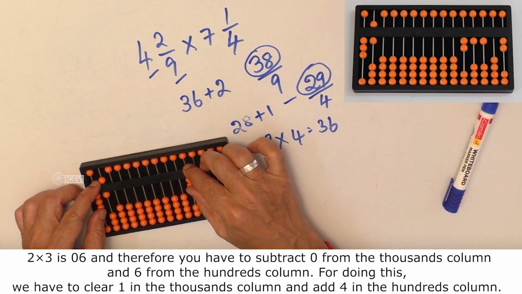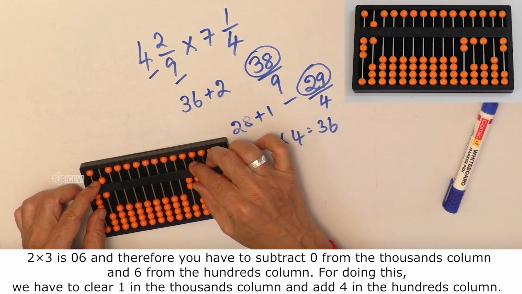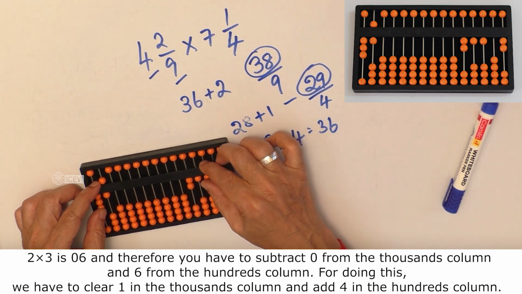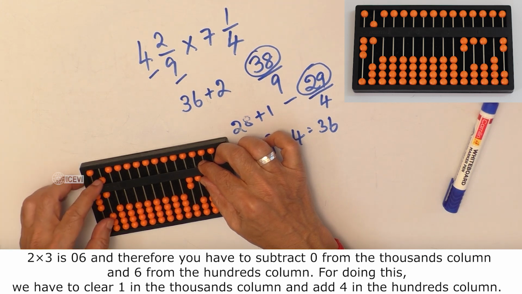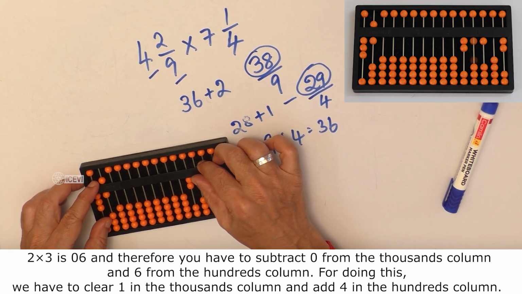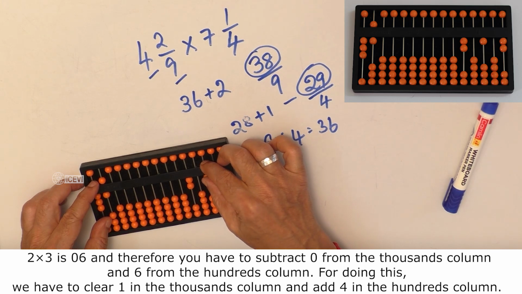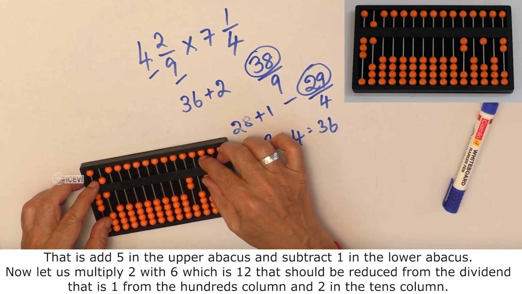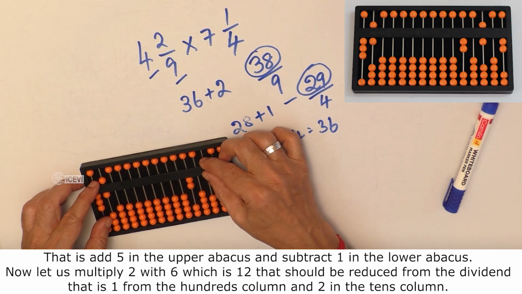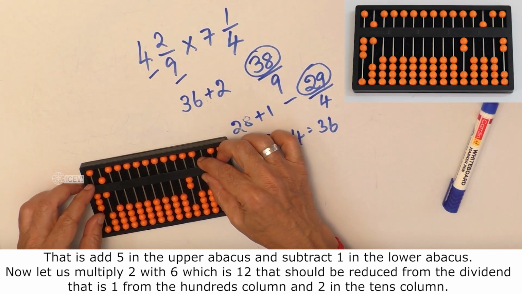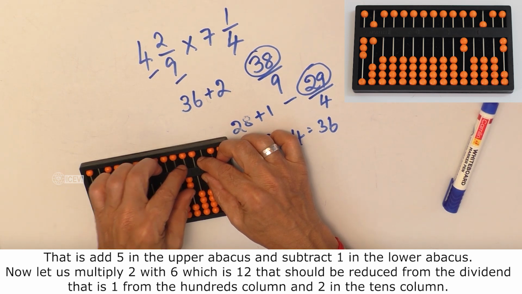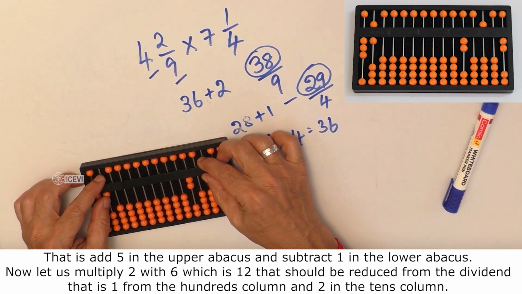2 multiplied by 3 is 6, and therefore you have to subtract 0 from the thousands column and 6 from the hundreds column. For doing this, we have to clear 1 in the thousands column and add 4 in the hundreds column. That is, add 5 in the upper abacus and subtract 1 in the lower abacus. Now multiply 2 with 6, which is 12.